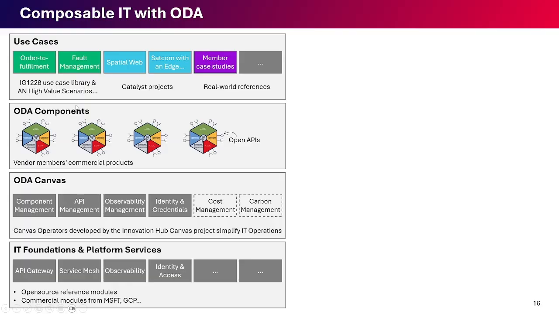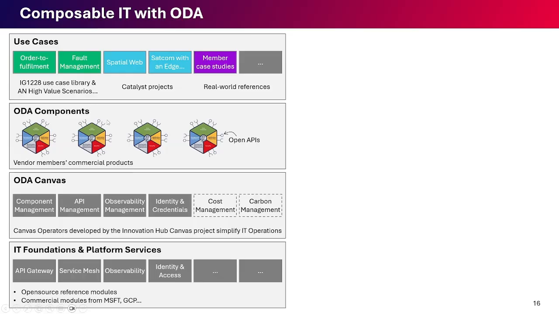So historically, we worked on composable IT within ODA, so modular standard components. There was extensive work building these components with use cases, understanding high-value scenarios, and catalyst programs, experimenting with different case studies.